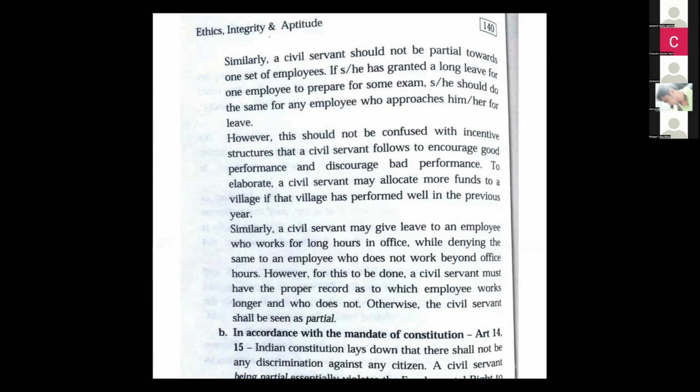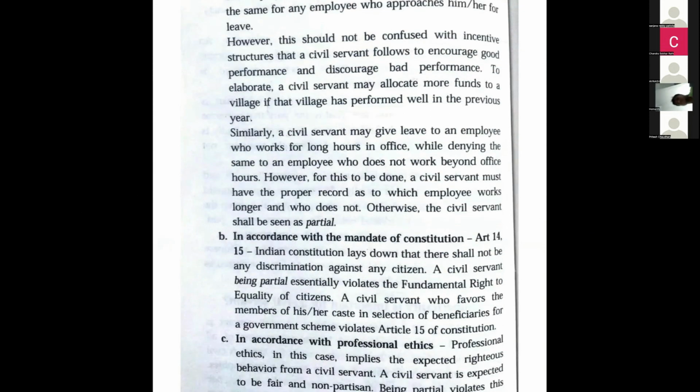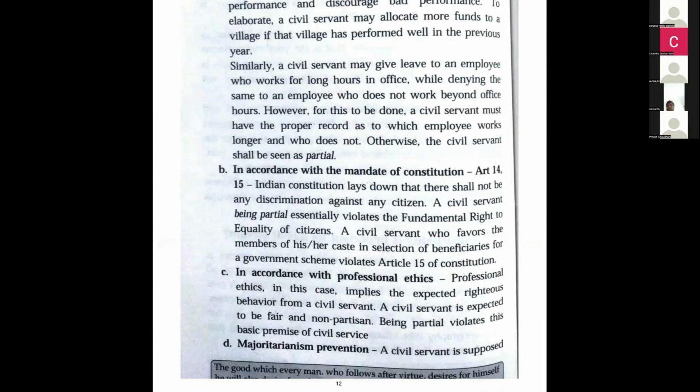Next is in accordance with the mandate of the Constitution, Article 14-15 जो हम polity में पढ़ते हैं. कोई भी discrimination, even you can't discriminate because it is a fundamental right है वो. The Indian Constitution lays down that there shall not be any discrimination against any citizen.